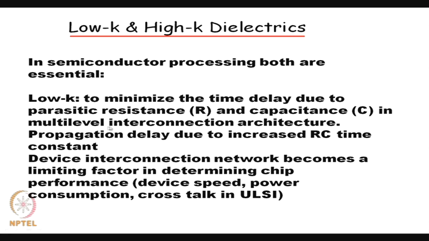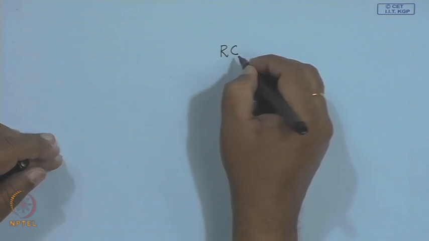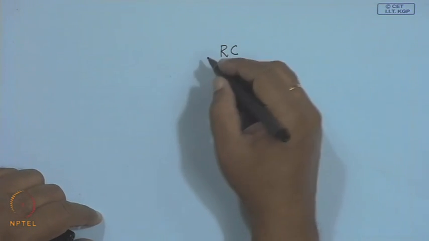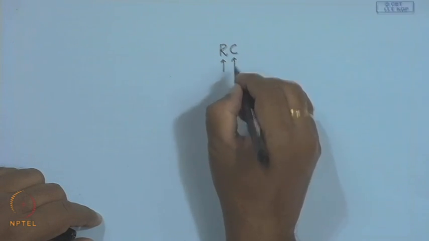Now, to minimize the time delay. What is the time delay? Time delay is basically the product of R and C, where R is the resistance and C is the capacitance. So this time delay, which is a product of R and C, must be minimized. Now, how to minimize R and how to minimize C?